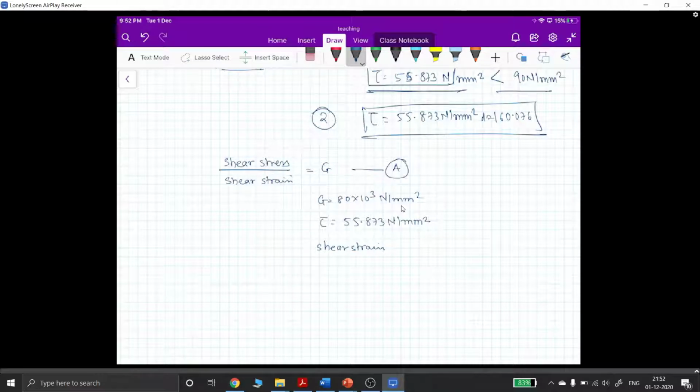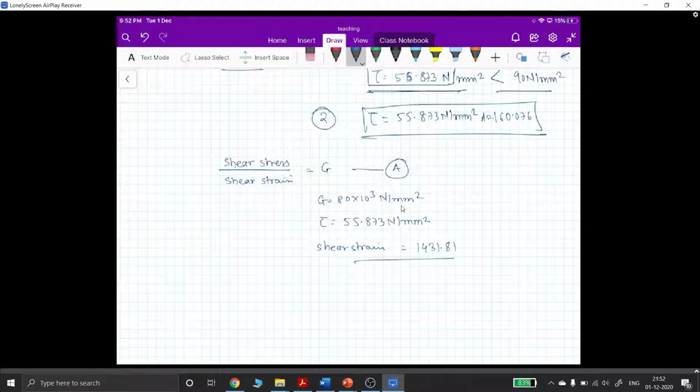Here you should get shear strain equal to, so I am calculating it for you, 1431.81.